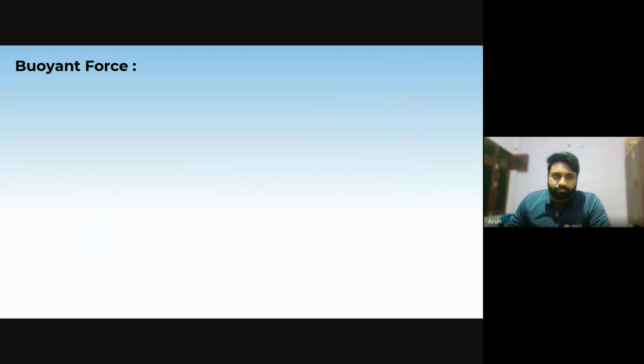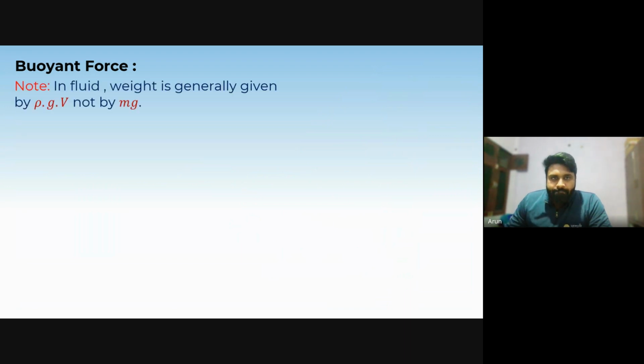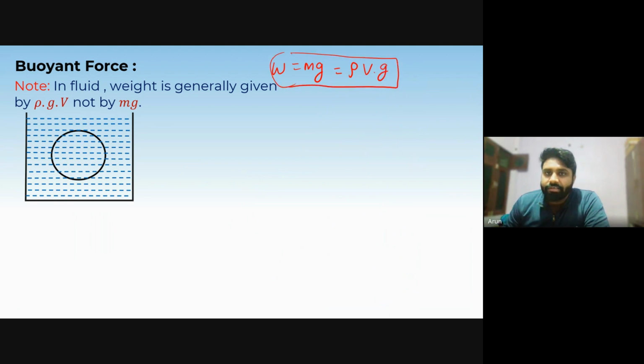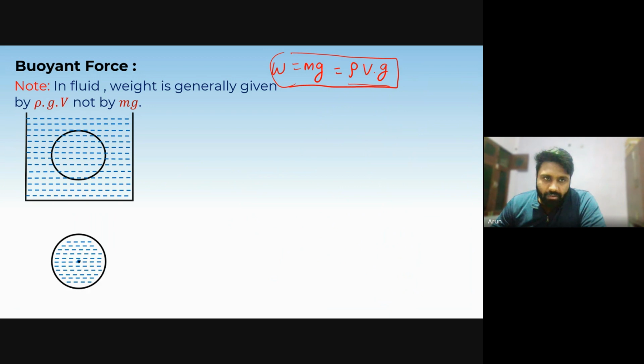Now, in the fluid, weight is generally given by, we talk about the fluid. So weight is mass into gravitational acceleration. Mass is nothing but density into volume, into g. So in the case of liquid, we are generally interested in the volume and density. So we will not consider m, we will consider rho V g, the weight of the fluid. Okay. Now, this is the sphere we have taken.